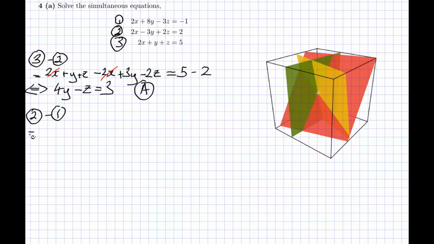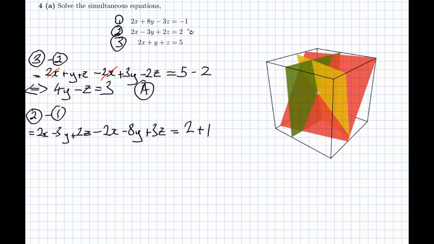So starting with 2, I have the 2x minus 3y plus 2z, and I'm taking away equation 1, so that's minus 2x minus 8y and plus 3z, because I've got a minus minus, and that's equal to 2 plus 1.